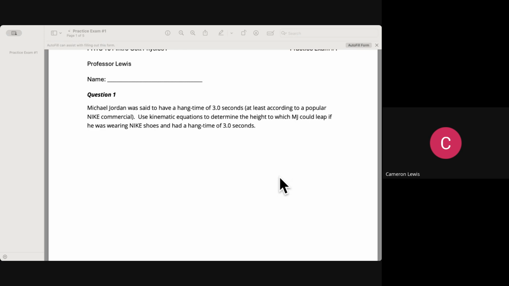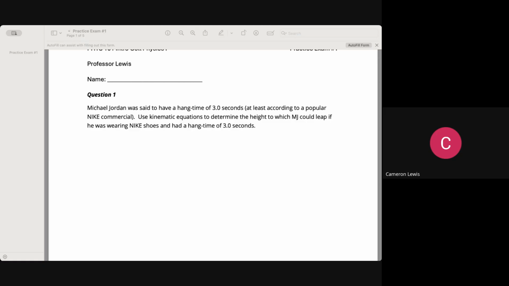Now, when we started talking about kinematics, we had these different sets of equations. Remember what some of them started off with?